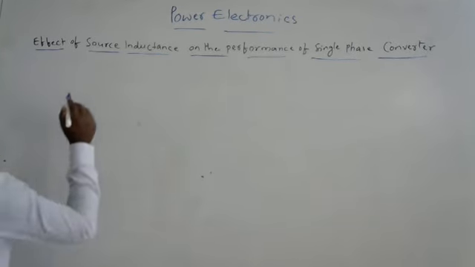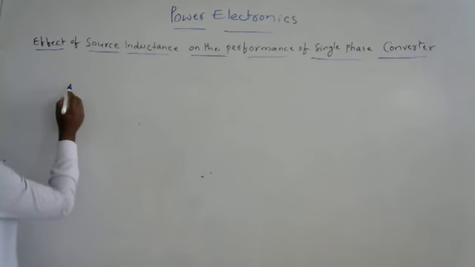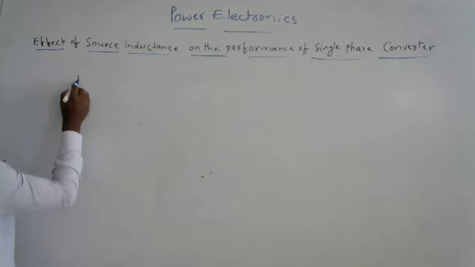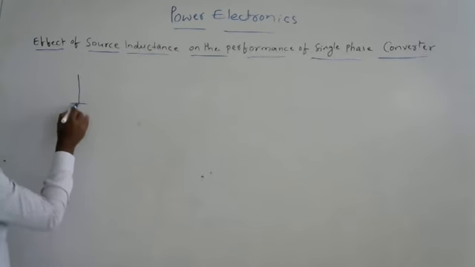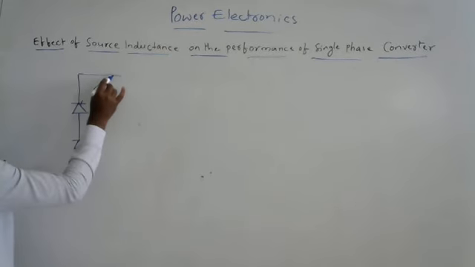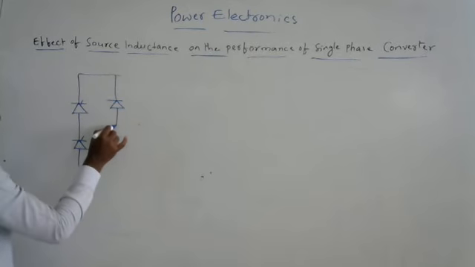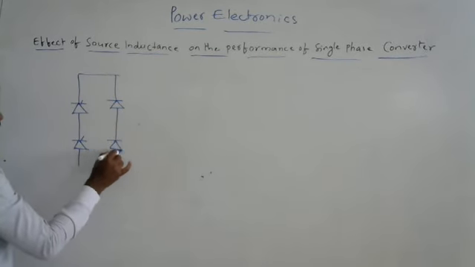Right. First, we take the converter circuit. The converter circuit consists of four thyristors, in the form of a bridge, right?